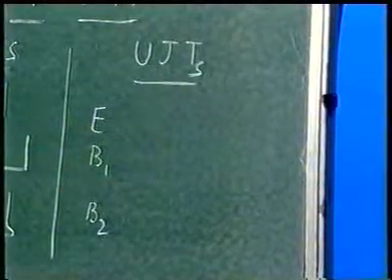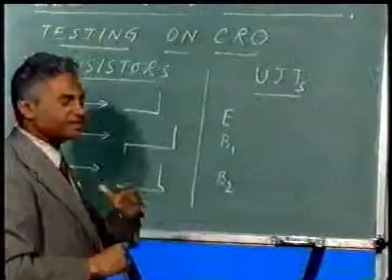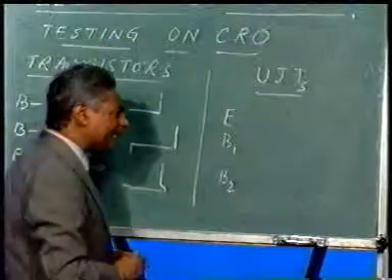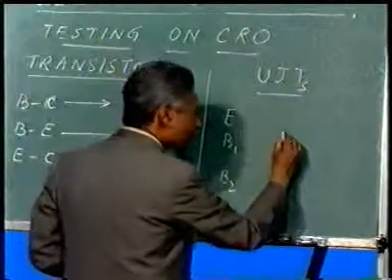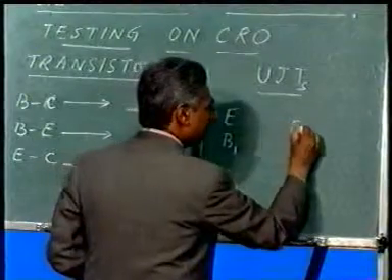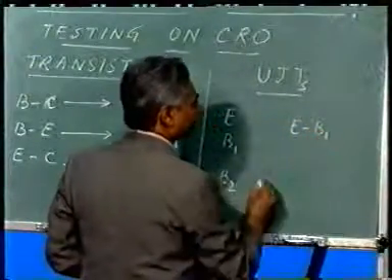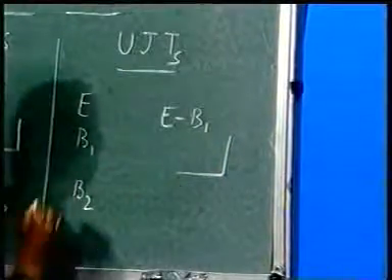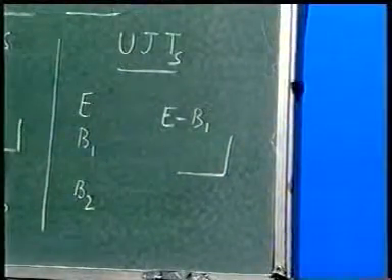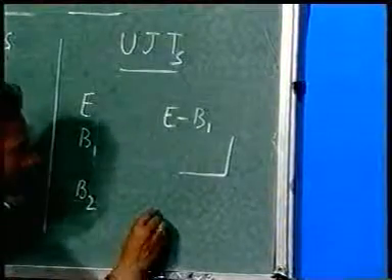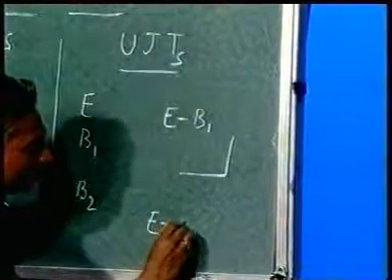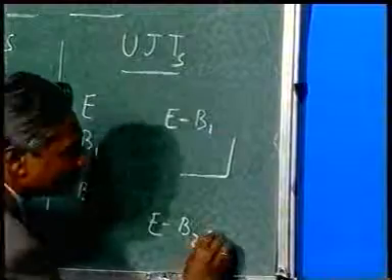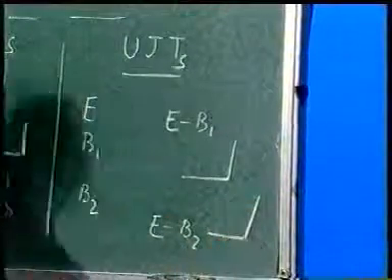So if you check the device on the CRO between emitter and base 1, you will get a figure like this, and if you check it between emitter and base 2, again you will get a figure like this.